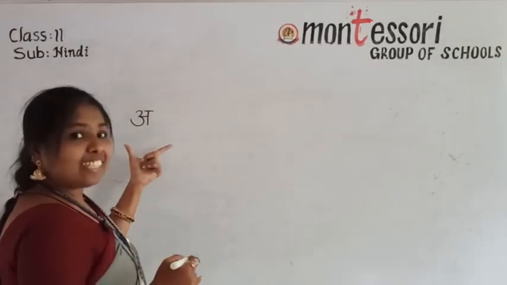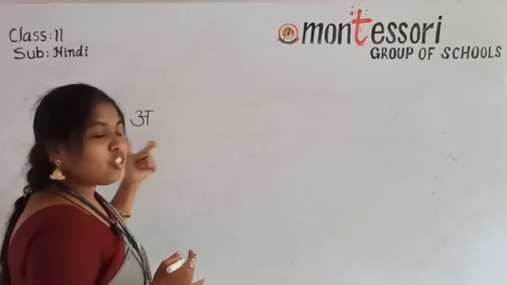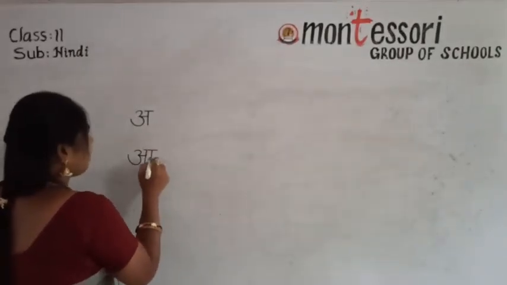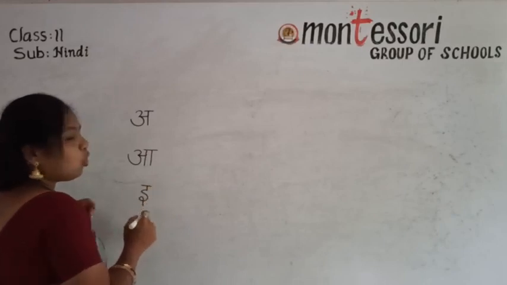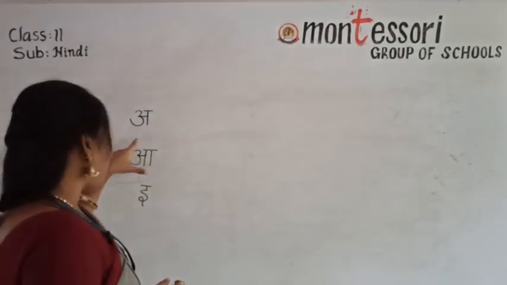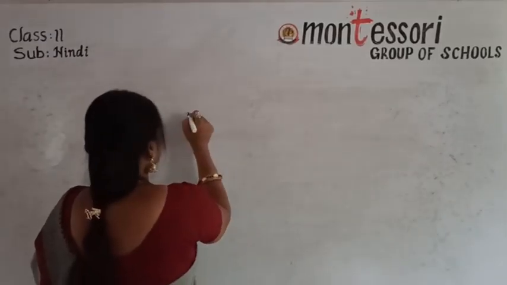This letter, what is the spelling of this one? What is the pronunciation of this letter? How are we going to know? See, A, E. Only 3 letters in today's class. We learn only 3 letters. A, E. If you don't know the pronunciation, how are you going to know?